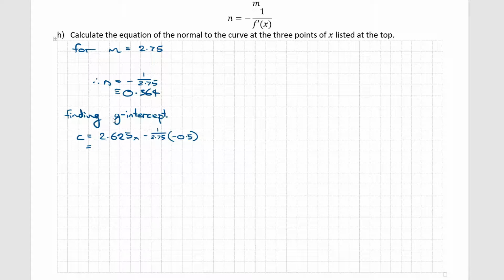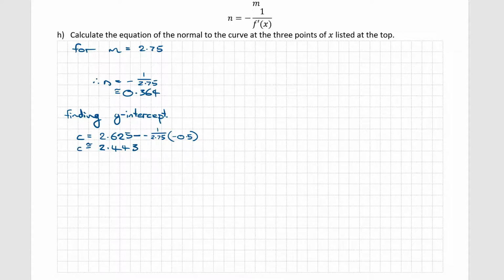Going up, let's have a look. Oops, my mistake. That should be a negative, like so. There we go. So 2.625, and it's going to roughly come out to be 2.443.